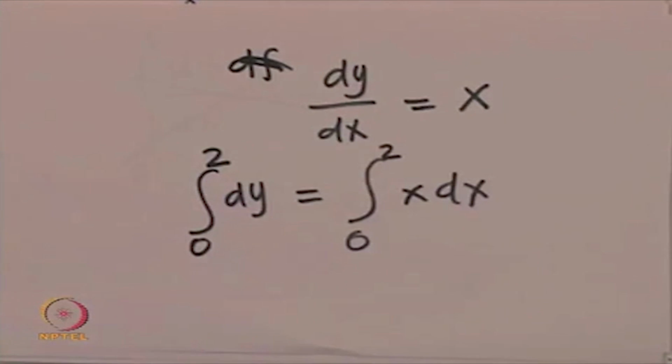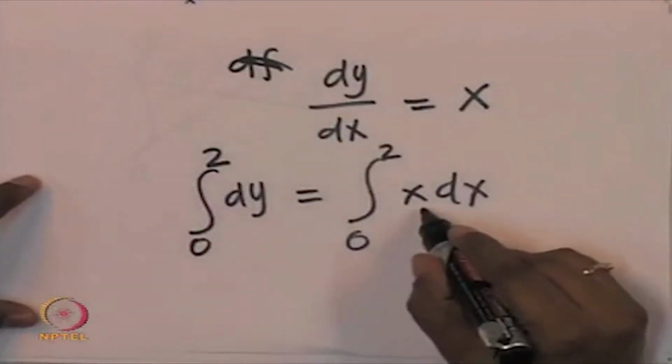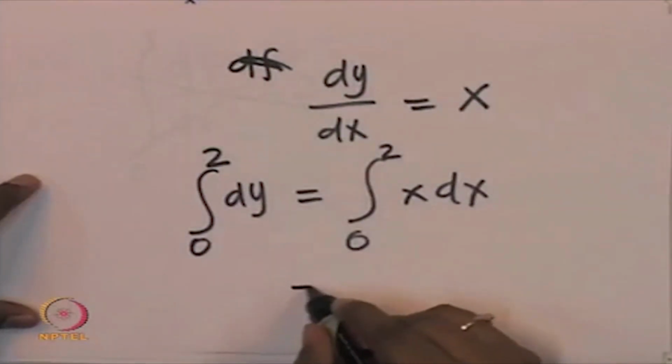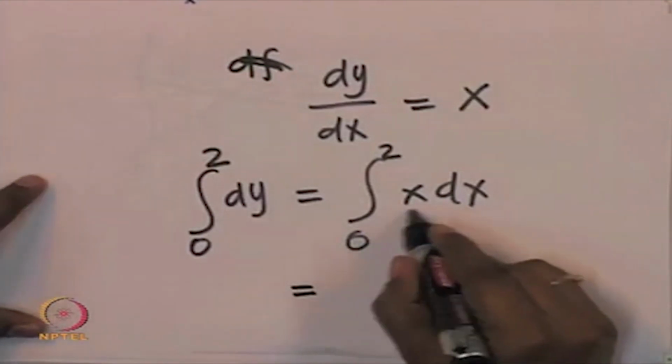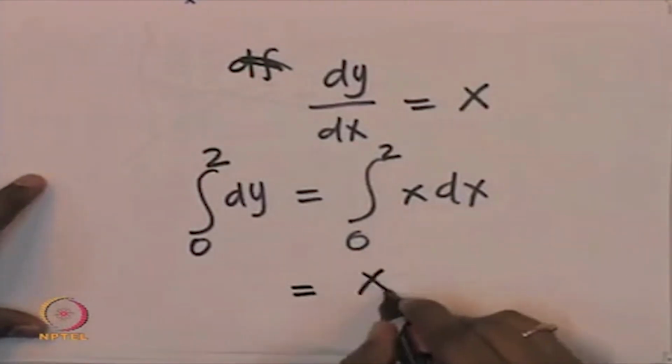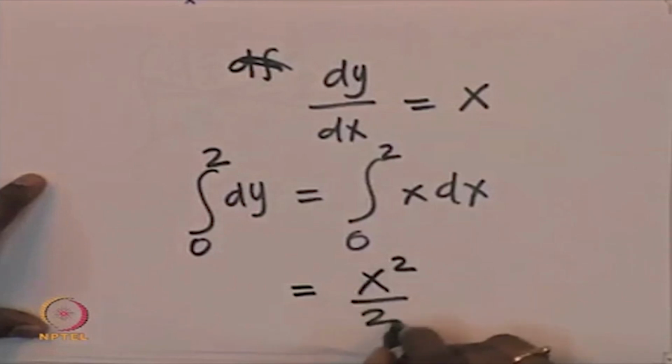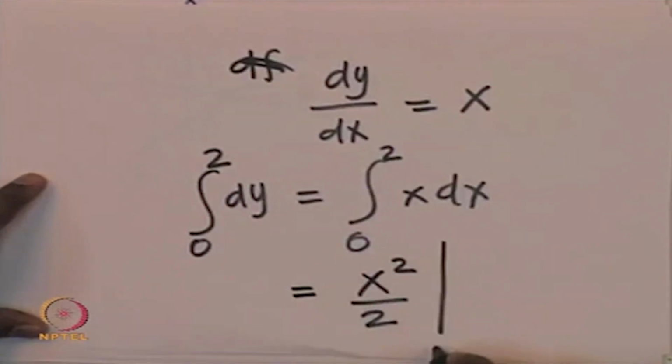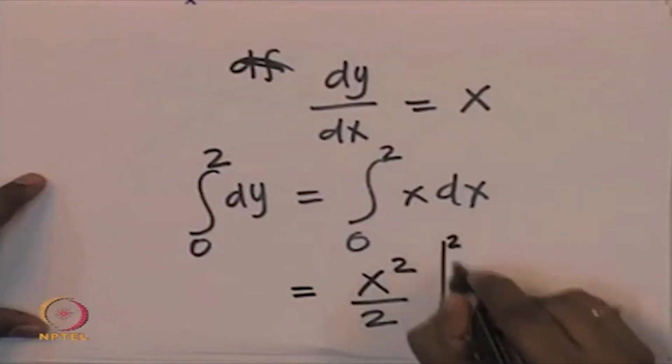Now, the integral of x we know is x square by 2. So, we have x square by 2 at these 2 points 0 and 2.